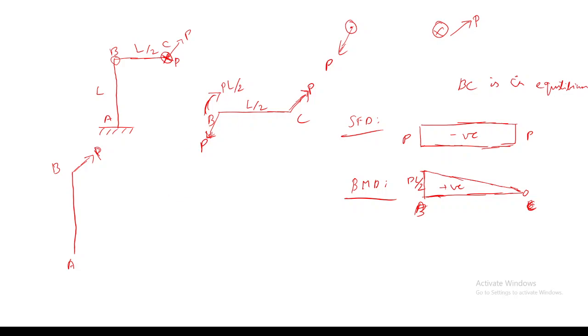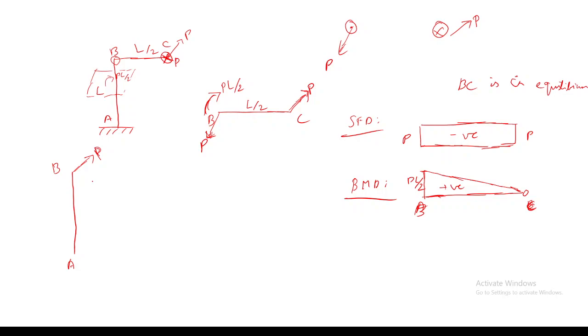And due to this bending moment PL by 2 at point B, for this member AB, will it be a bending moment or a twisting moment? Twisting. Yes, it will be a twisting moment because this PL by 2 is in the horizontal plane, so it will be a twisting couple for the member AB.